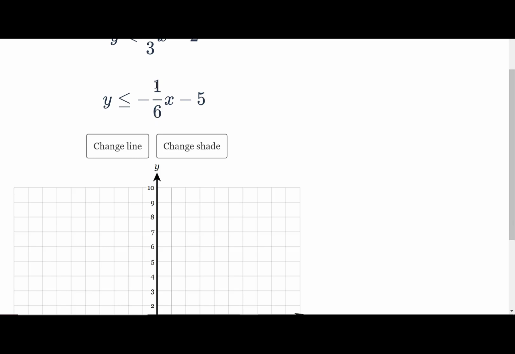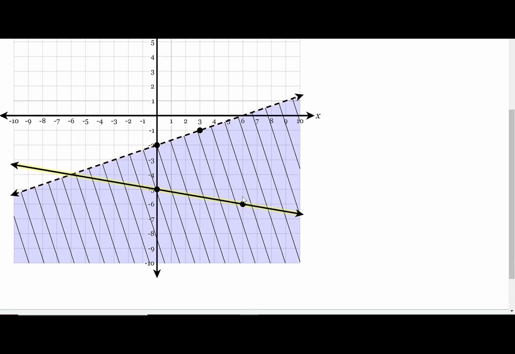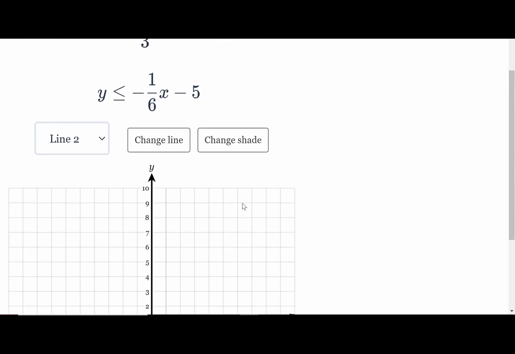So slope is -1 over +6. So -1 means go down 1. -1 significa ir abajo un espacio. +6 means goes to the right 6. So +6 significa necesitas ir derecha 6 espacios. 1, 2, 3, 4, 5, 6. Click.